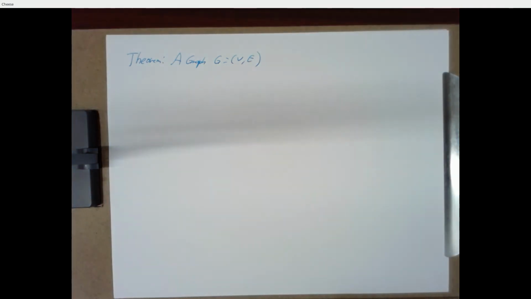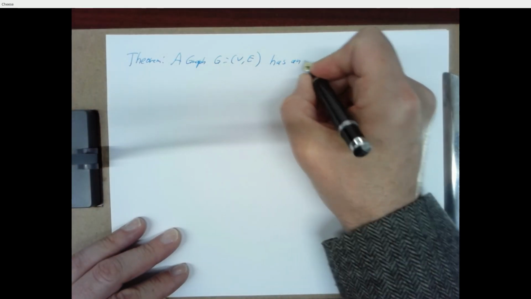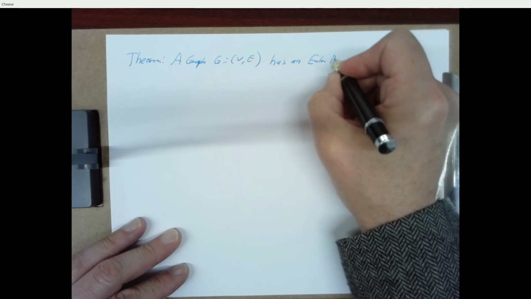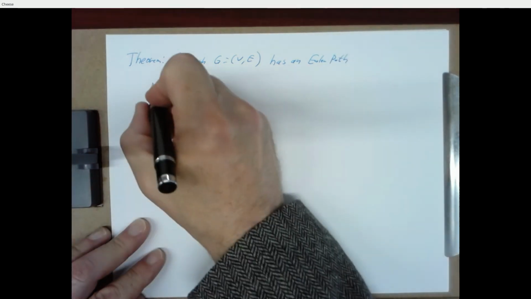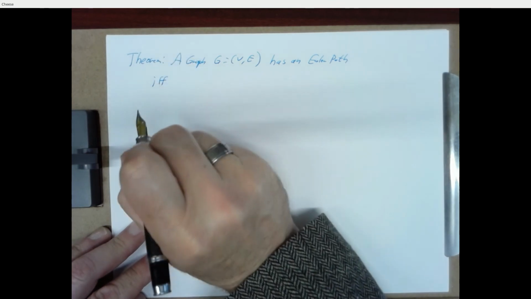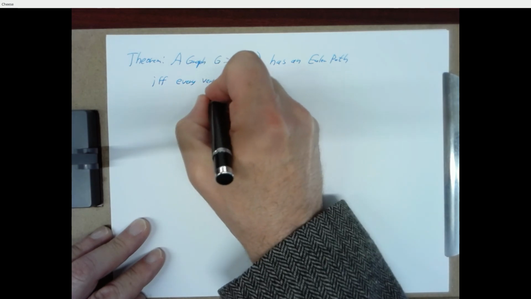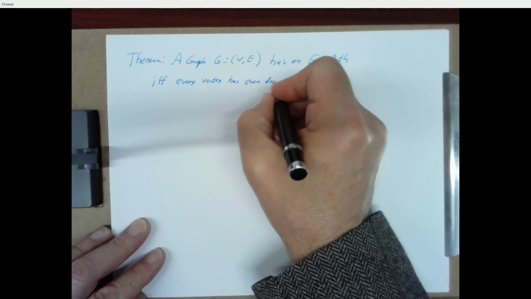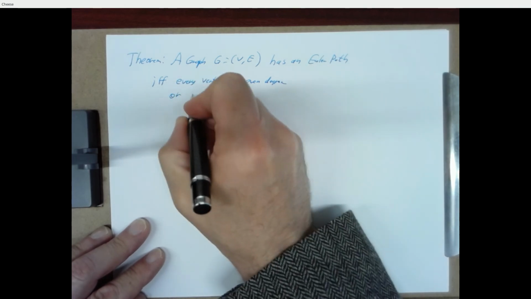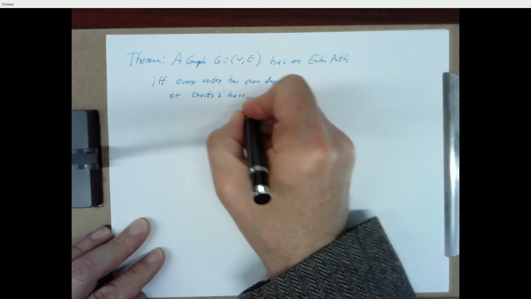So if we have a graph G with vertices and edges, it has an Euler path if and only if every vertex has even degree, or exactly 2 have odd degree.